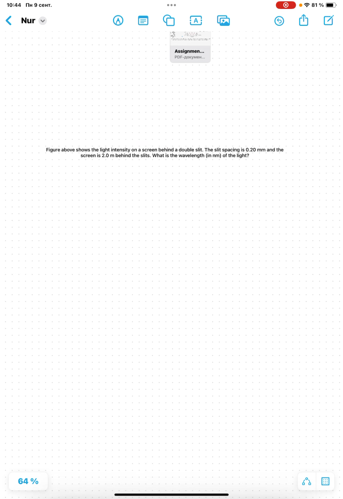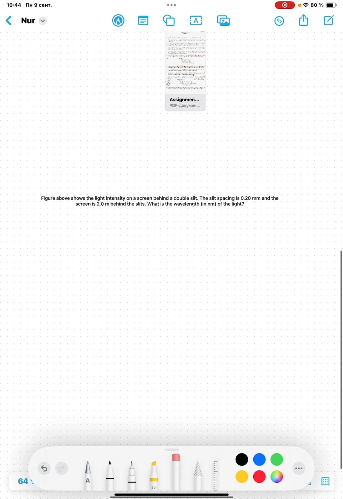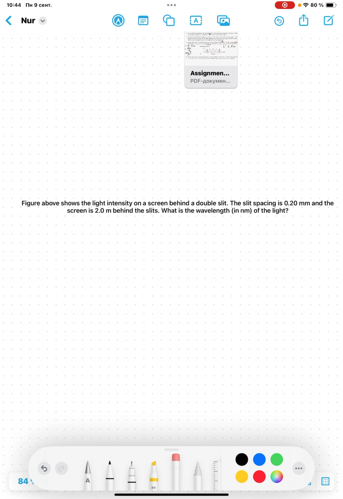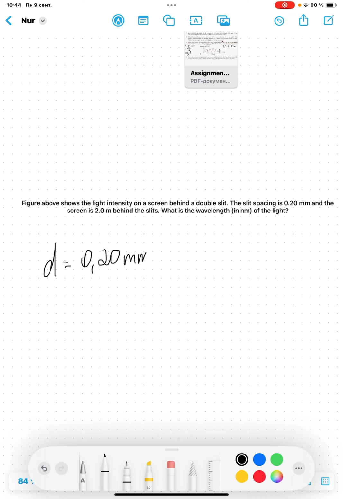The first one, what we have known, the slit spacing is 0.20 millimeters. It will be our d. It will be our d is equal to 0.20 millimeters, and our L is equal to 2 meters.